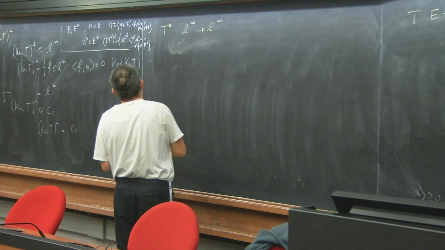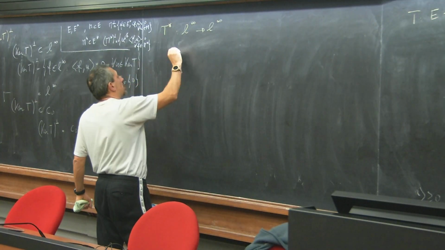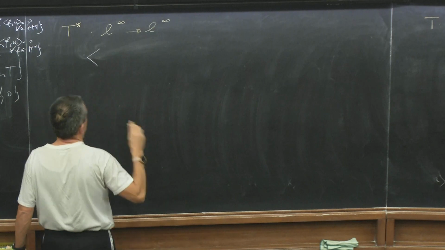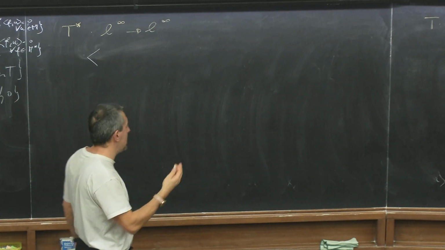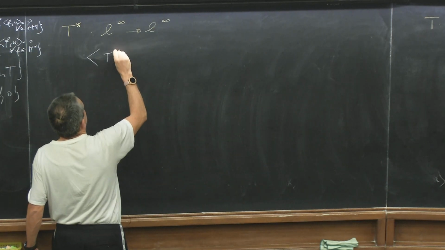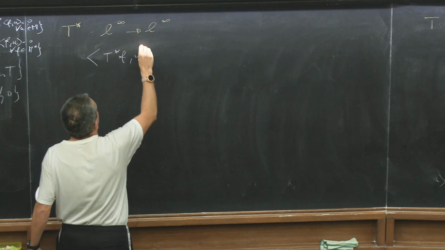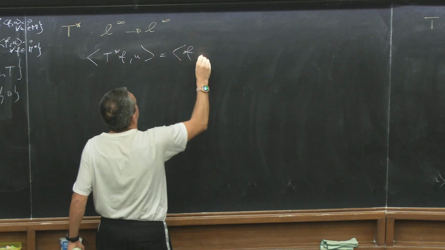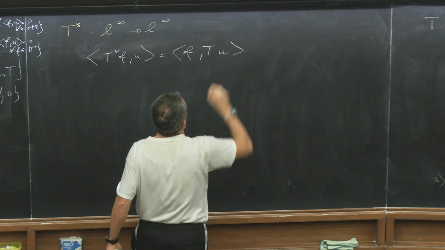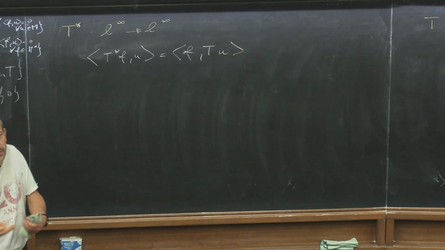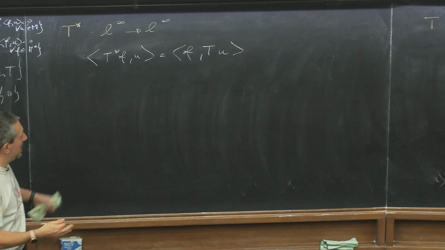So what is the form of T star? You have to remember always that the basic thing for the adjoint is the duality of T star F with U equal to F with T U. So now you compute and you get it.